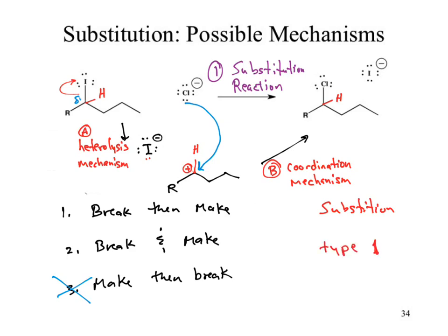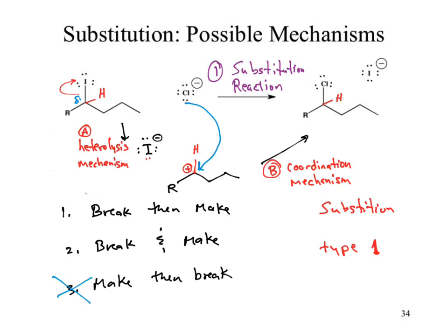Why type 1? I'll accept that because there's a type 2. Okay? What did I do? Break, then make. What was it named? 1. That's why I'm calling it type 1. Okay?